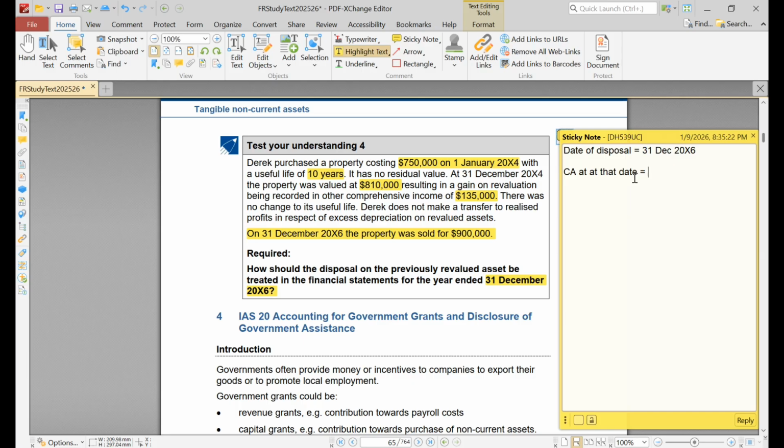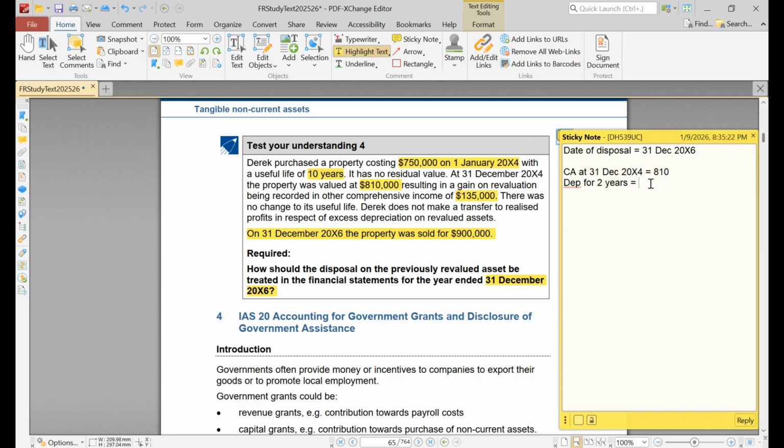We know that the carrying amount at 31st December 20x4 was 810,000. Let me write like this. Carrying amount at 31st December 20x4 was 810,000. Depreciation for 2 years, because we are at 20x4 and we have to find out the carrying amount at 20x6.